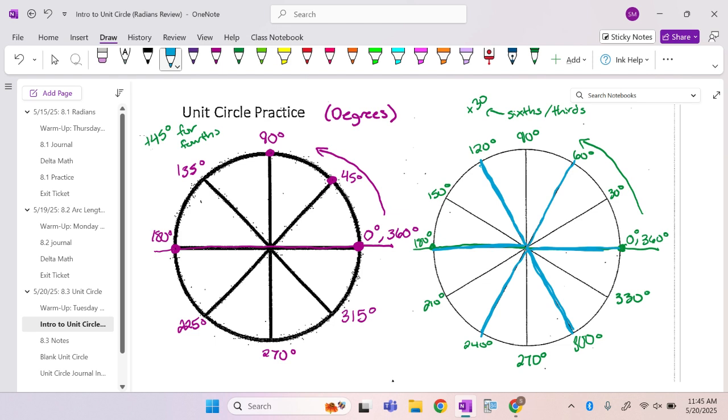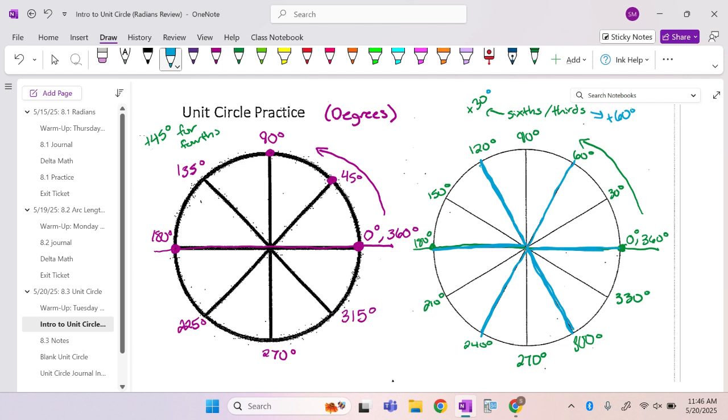My first third starts from 0. So where does my first blue line go from 0? 60. Where's my next one? 120. Where's my next one? 180. Where's my next one? 240. Next one? 300. All right. So what's the pattern here? We add what? 60. So thirds, we add 60 degrees. Sixths, we add 30.